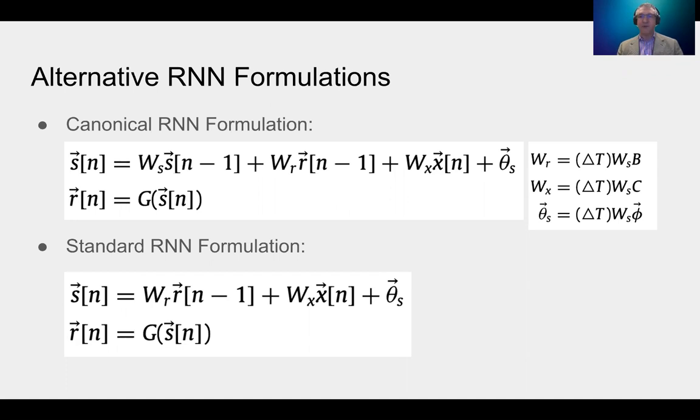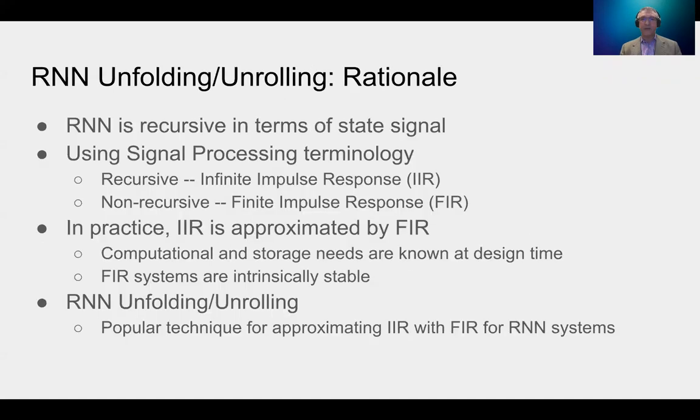This simplified formulation makes it convenient for discussing the unfolding unrolling procedure and for stability analysis. Having arrived at the RNN system definition, we now proceed to the discussion of its computational aspects.